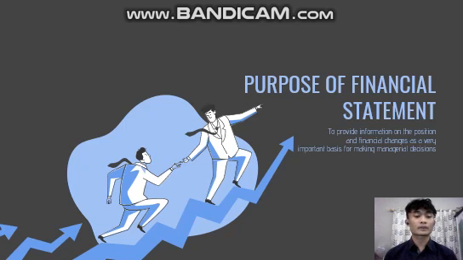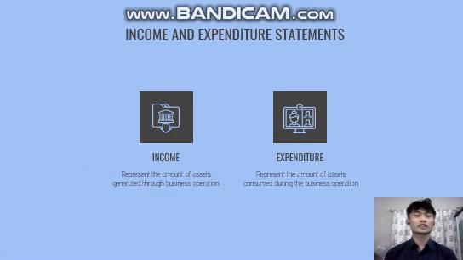So we can see the purpose of the financial statement in this slide. The purpose of the financial statement is to provide information on the position and financial change as a very important basis for making managerial decisions. So financial statements reflect the cumulative effects of all of management's past decisions. Then we'll move to the income and expenditure statements.